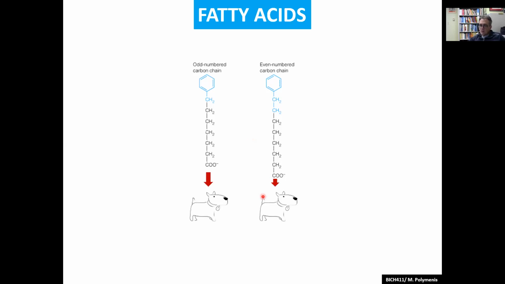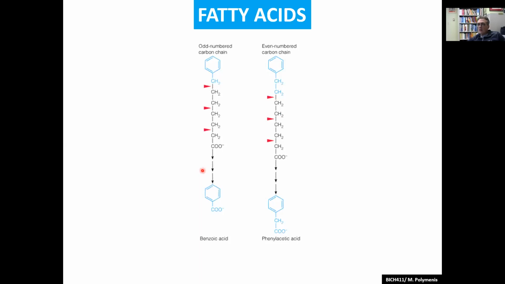And he found that when he fed the odd number carbon chain fatty acid, he always got benzoic acid. So he got the benzene plus 1 carbon. When he fed them even numbered fatty acids, he got phenylacetic acid, phenylacetate, which has the 2 carbons on the benzene ring.